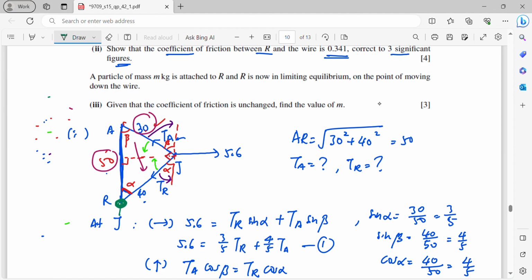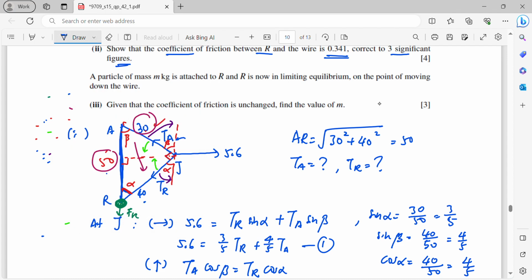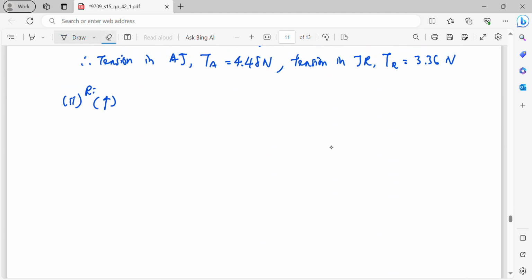Then you have the FR. I will get TR cos alpha, because my TR will be two ways. So here is also TR. Now I will just redraw this part in the second part here. Then it will be easier to refer to.